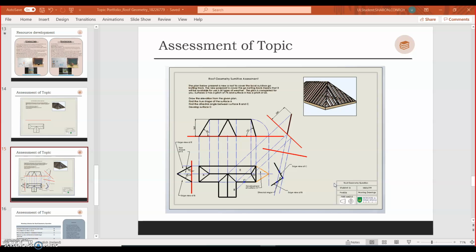Yes, I think this question is accessible to all students, as there's many aspects of the question's level of ability. So students who are struggling with this topic also have levels of achievement in finding the true shape of A here and the development of D. And then there's a master task for students who are more advanced, which is the dihedral angle.